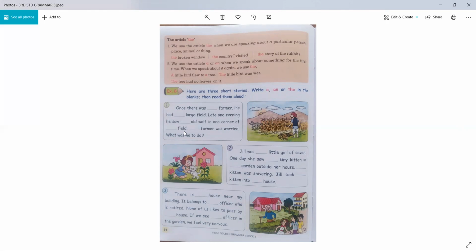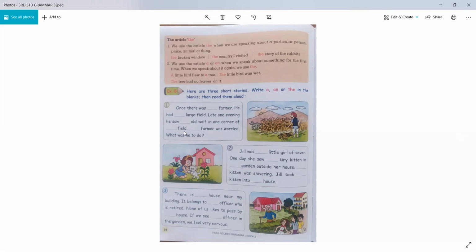Here you see why we are using "the". When we are speaking, where do we use the article the? Before, I told you where to use article a and article an, but I didn't tell you how to use article the.